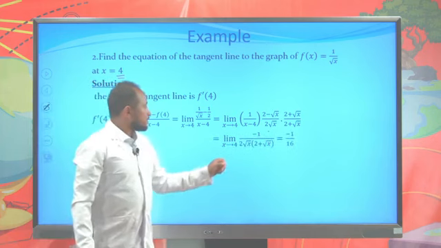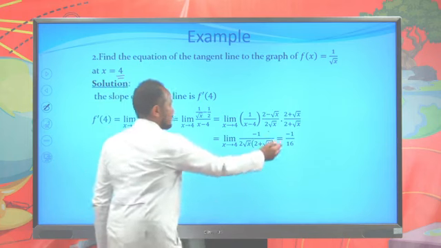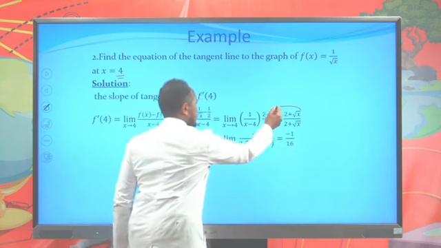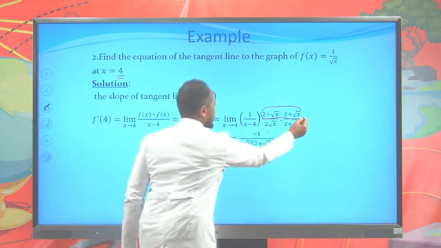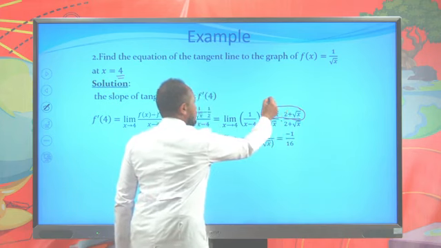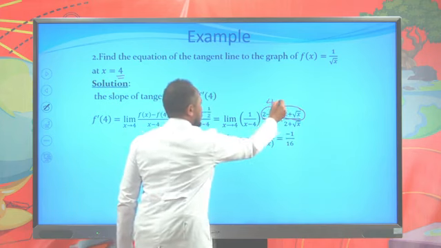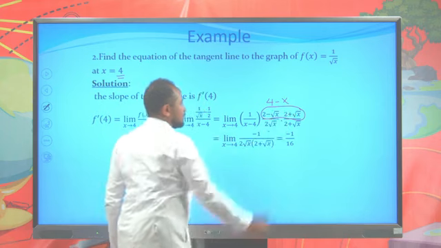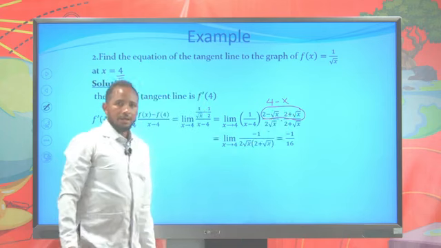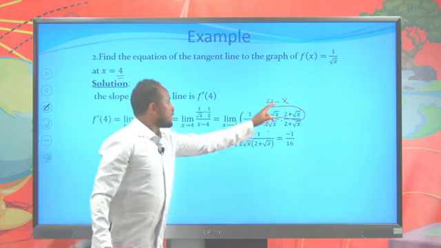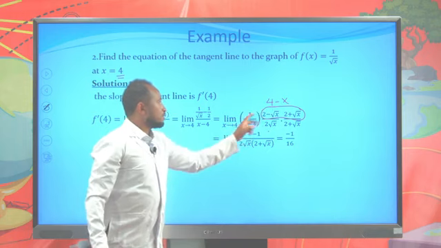When you simplify this product, it will be 4 minus x. And 4 minus x cancels with x minus 4, and taking the ratio, it is negative 1.